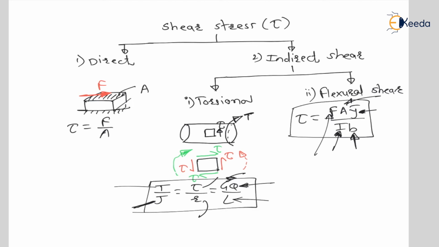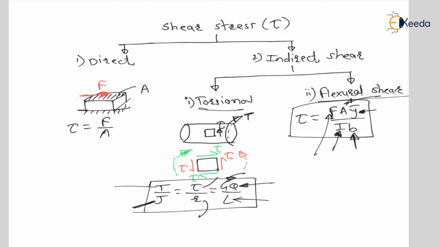In strength of material, you have studied direct normal stress, indirect normal stress, that is bending stress. Again, you have studied direct shear stress, torsion, and flexural shear stresses. But in machine design, all the stresses act together on the component. There may be one normal stress or two normal stresses on the same component, and there will be shear stress also, or there will be torsion also on the component.